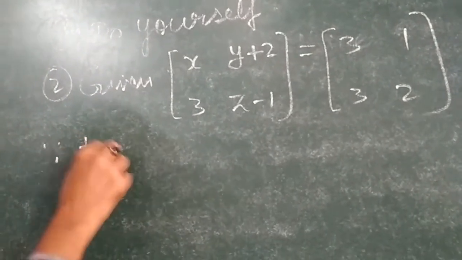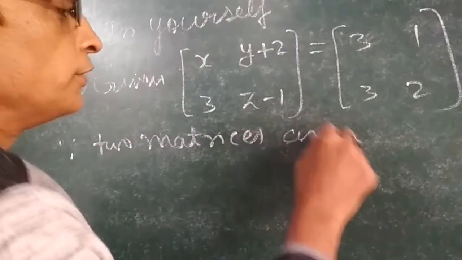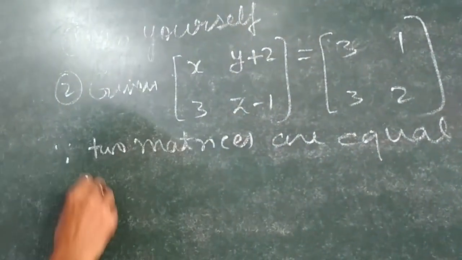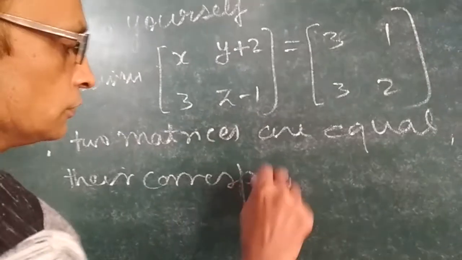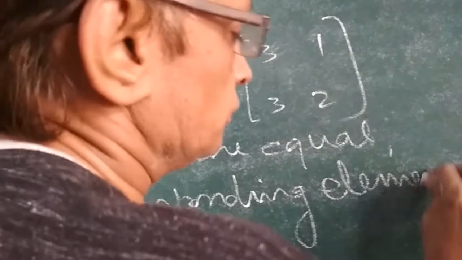Since two matrices are equal, therefore their corresponding elements are also equal.